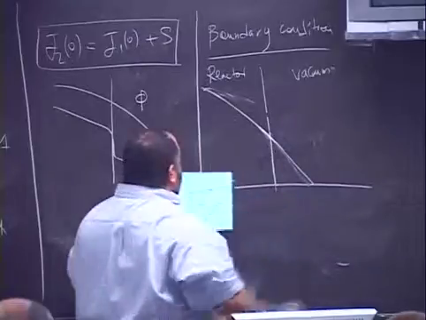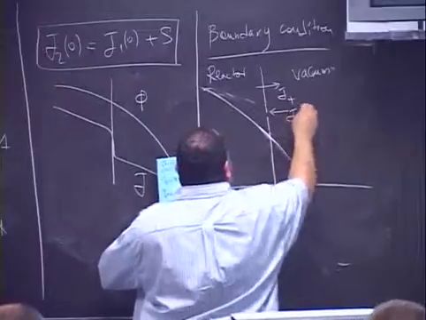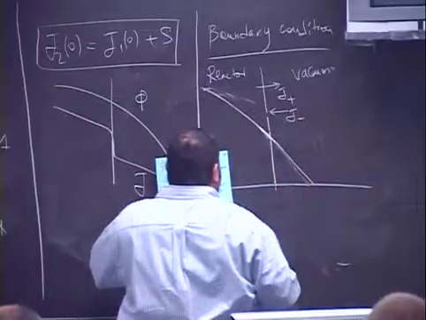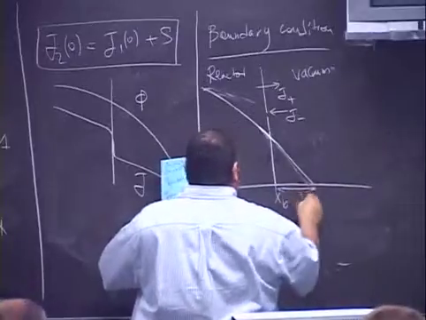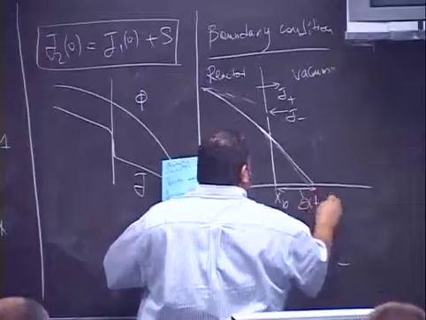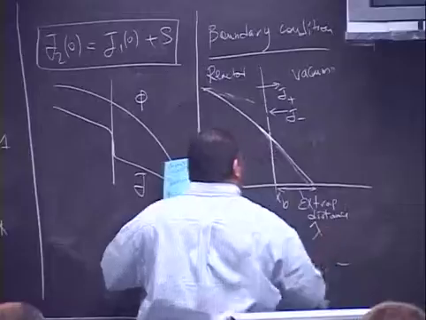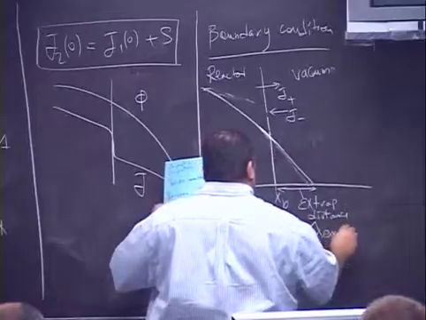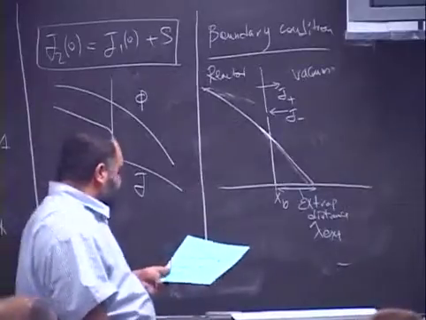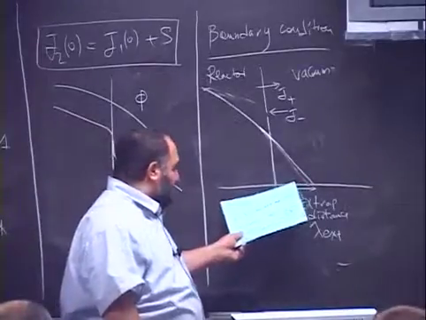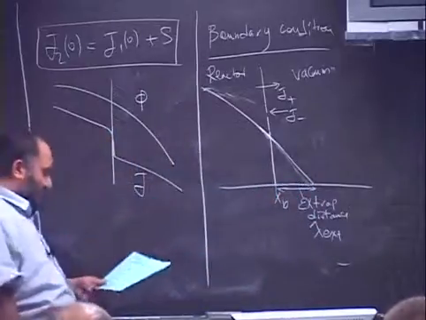When you extend this linearly, this is the current going in the positive direction, and this is the current going in the negative direction at x. B means boundary, and this distance we call the extrapolated distance, and usually we give it a name, lambda ext. The extrapolated distance is defined as the distance at which the reactor flux will go to zero outside the reactor.